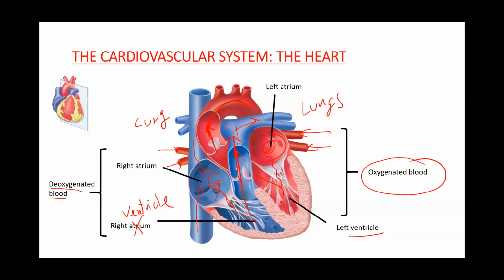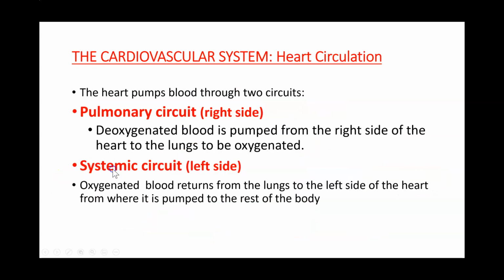So you can see how this is a two-pump system because first of all, the right and the left side are not connecting with each other, and they are pumping to different places and receiving blood from different places. All right, so each pump has a different circuit of circulation. The right side, the one that's dealing with the deoxygenated blood, is pumping to the lungs.